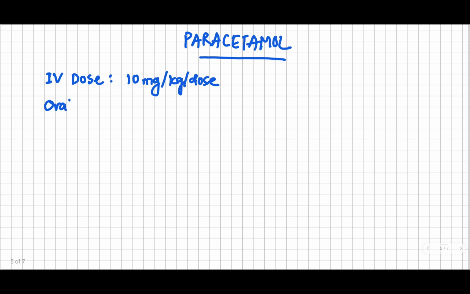Oral, it is 15 mg per kg per dose. And what should be the interval?